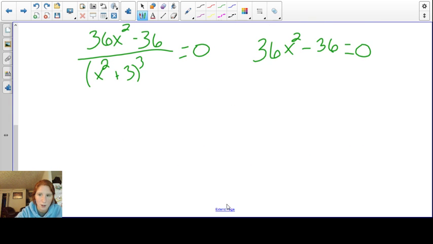A couple different ways to solve this. You could factor, or you could just add it over. Either way. However you choose to solve this one, you should get your x values as plus or minus 1.